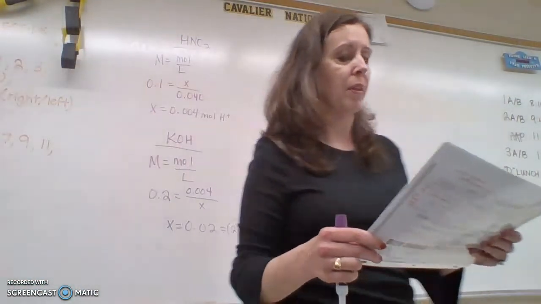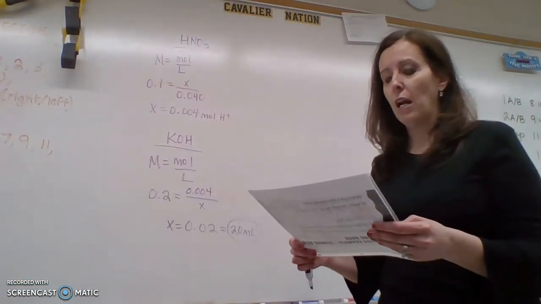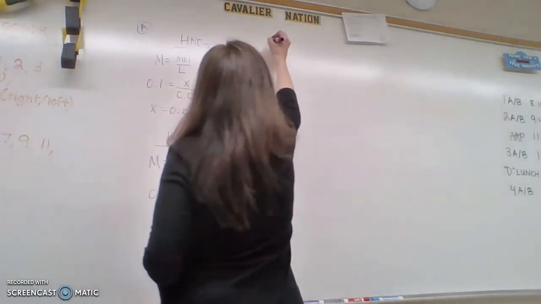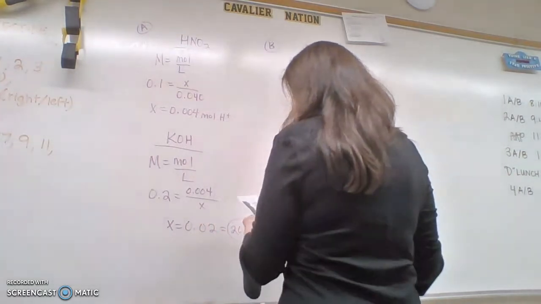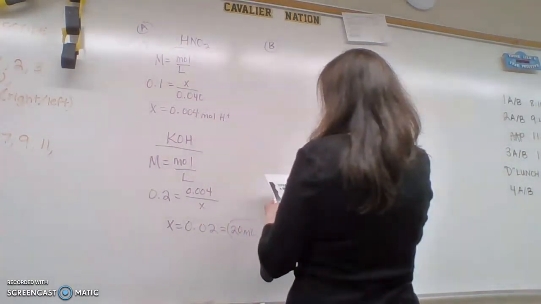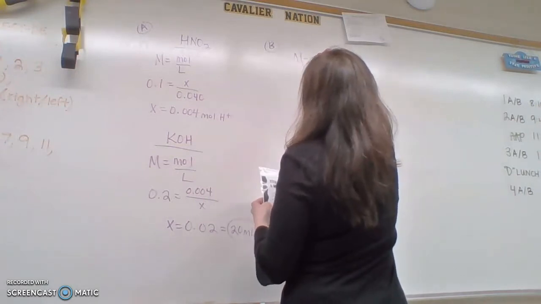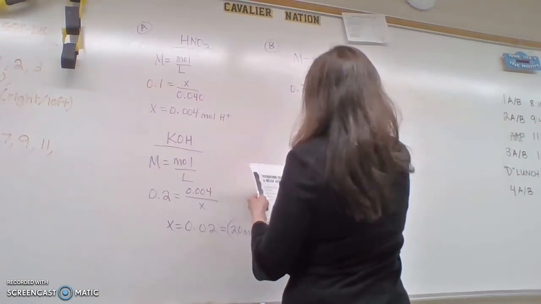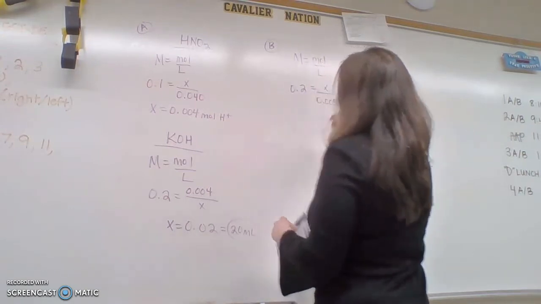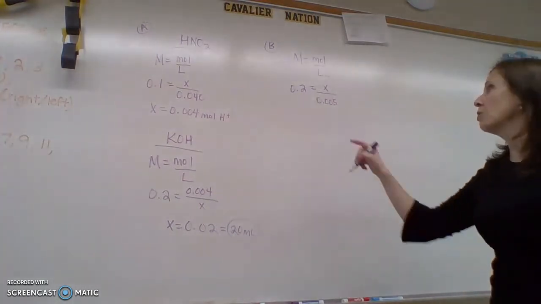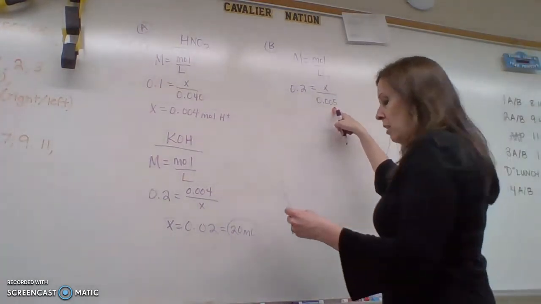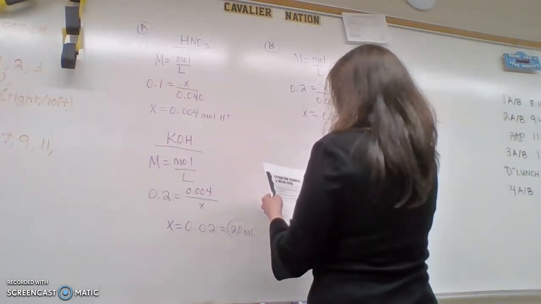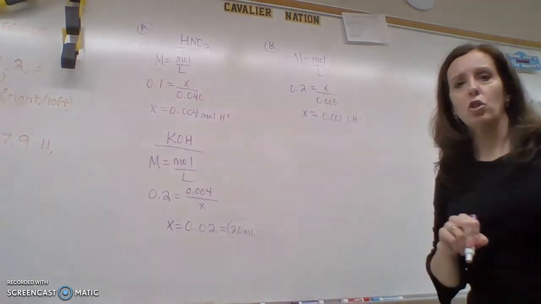So that's letter A. Letter B says, what's the pH after adding 5 milliliters of base? So I'm adding 5 milliliters of base. Always starting with molarity again. I know the molarity is 0.2. I know I'm adding 5 milliliters of base, so that's where this came from, 5 divided by 1,000. So that means in this solution right now, that's how many moles of OH I have.